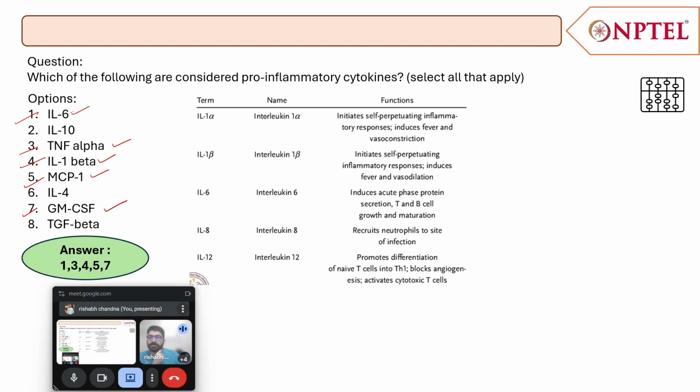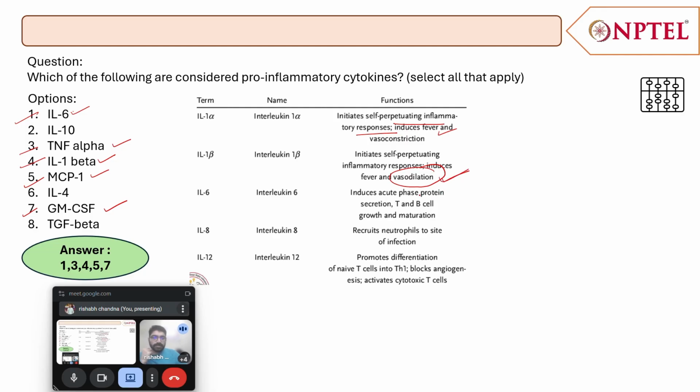IL-1 alpha initiates and perpetuates inflammatory responses, induces fever and vasoconstriction. IL-1 beta has the same inflammatory response, but it leads to vasodilation.